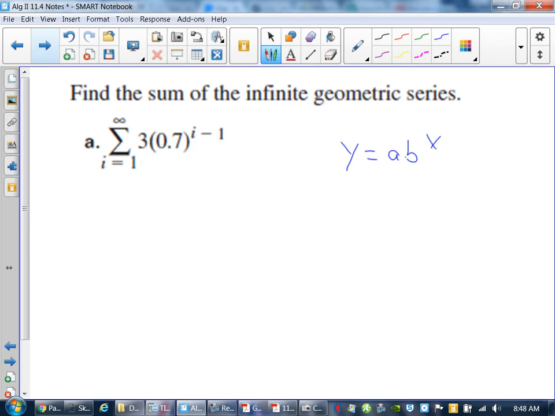It's the same basic principle with these, where the thing in the parentheses is always going to be your rate. So think of this as first term times r to the n minus 1. Look at that, it's the same thing as an exponential function.